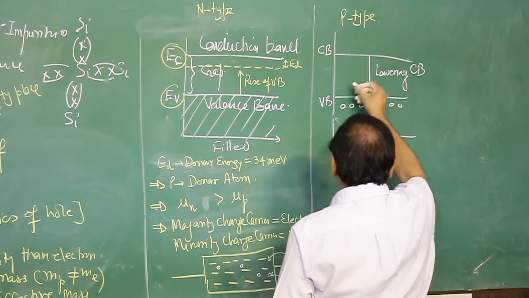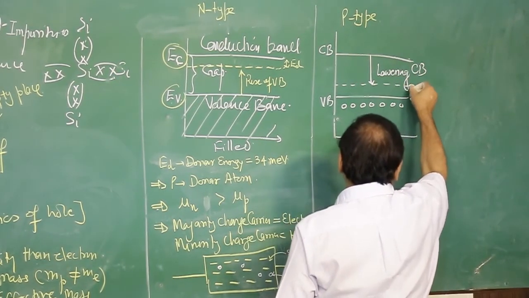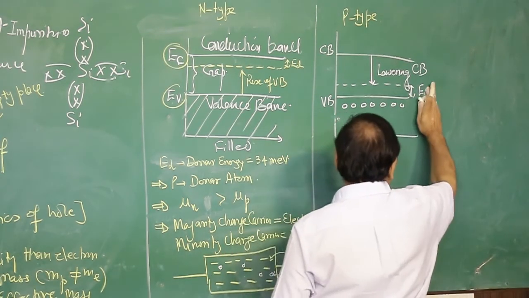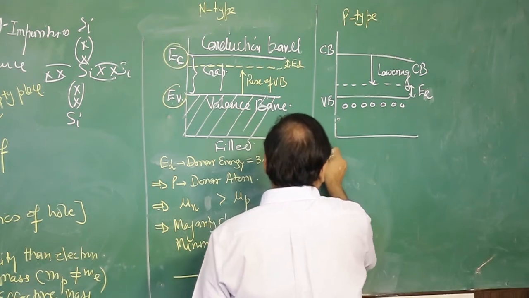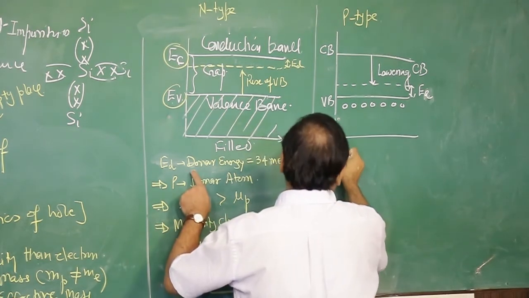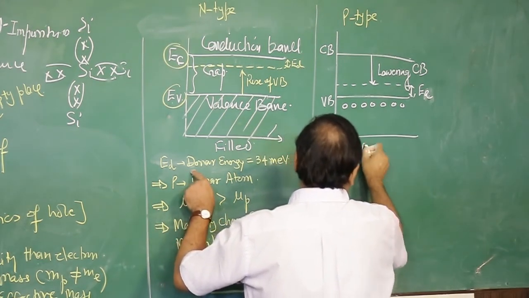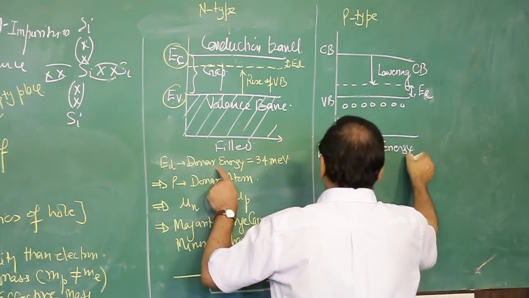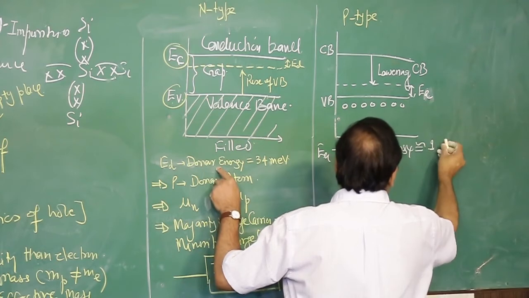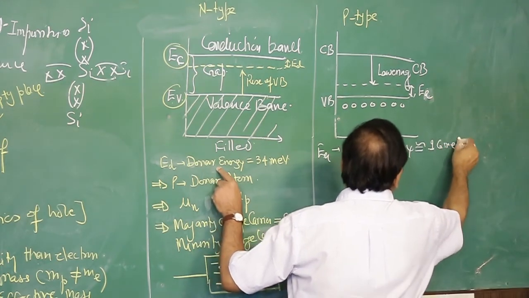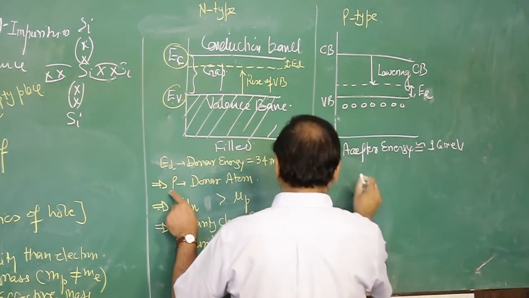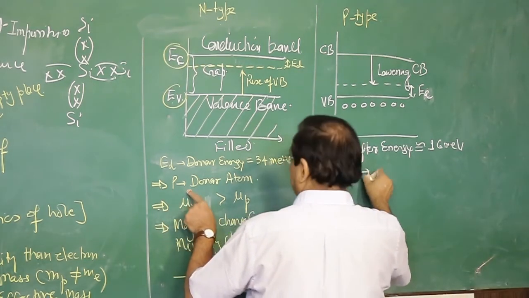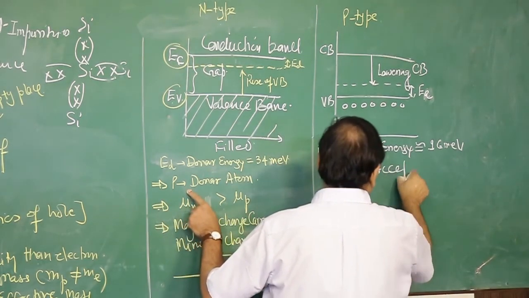Then this is the lowering of the conduction band, and this E_D as in the earlier case, here it is E_A. E_A is the acceptor energy, equal to 16 milli electron volt, and aluminum is the acceptor atom.